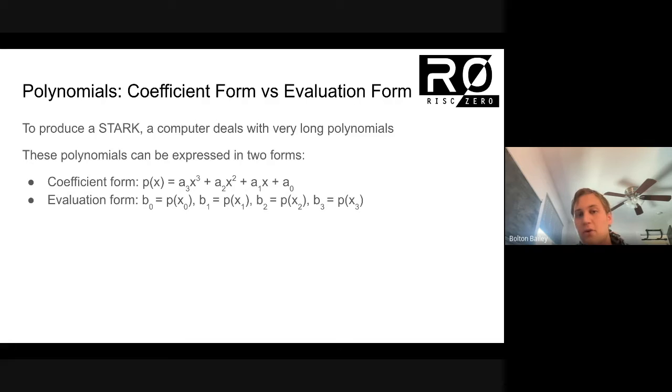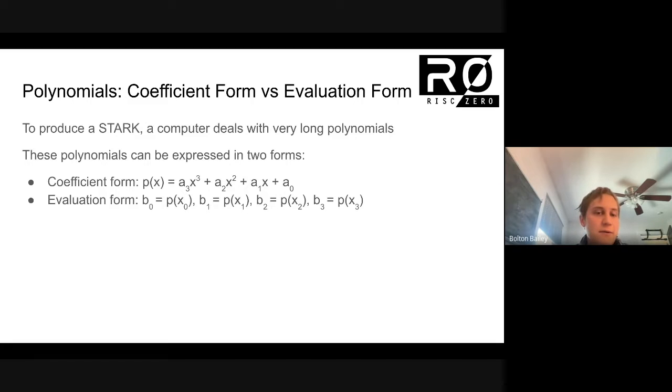The other way you could write down a polynomial is in evaluation form. This is just to say that you can evaluate a polynomial at several points. A polynomial is a function. You can give it a number and it spits out another number, or you can give it a finite field element and it will spit back out another finite field element.